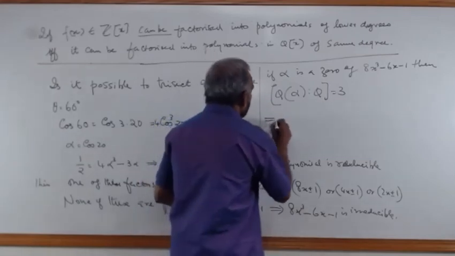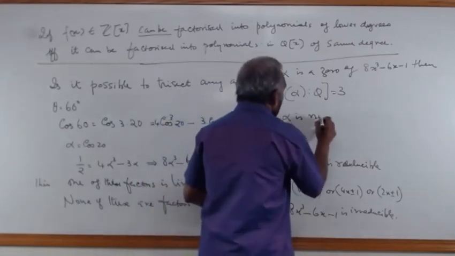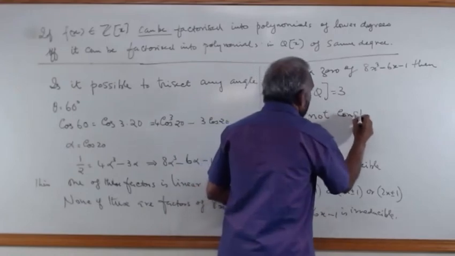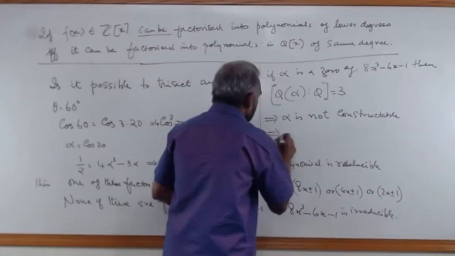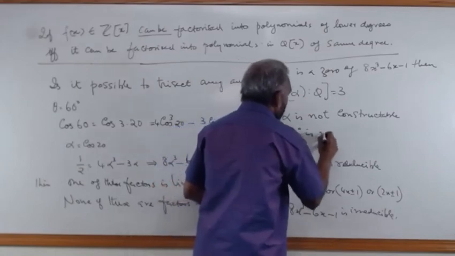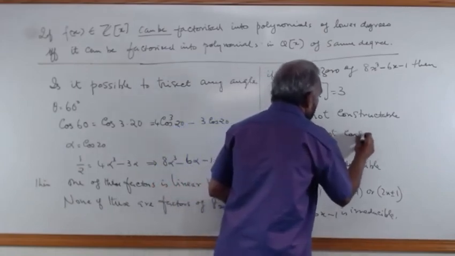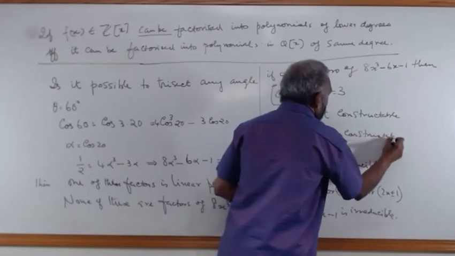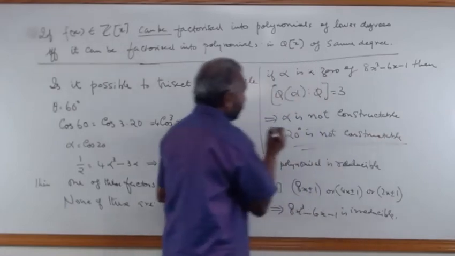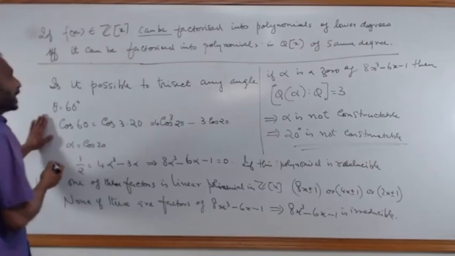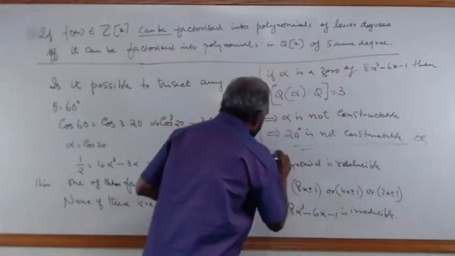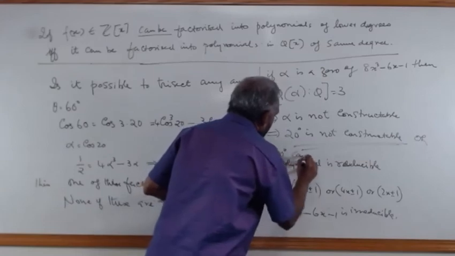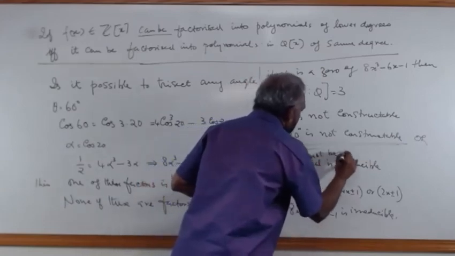This implies alpha is not constructible. That implies 20 degrees is not constructible. That means 60 degrees cannot be trisected.